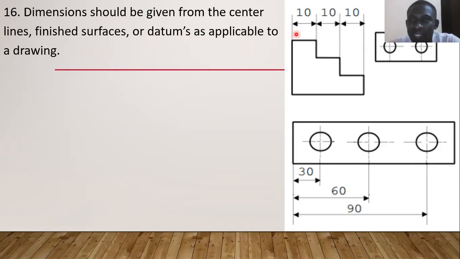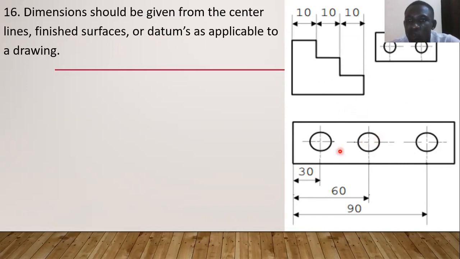When we are giving dimension lines, our extension lines should start from either center lines, finished surfaces, or reference datums as applicable to the drawing. That is what we are seeing here.